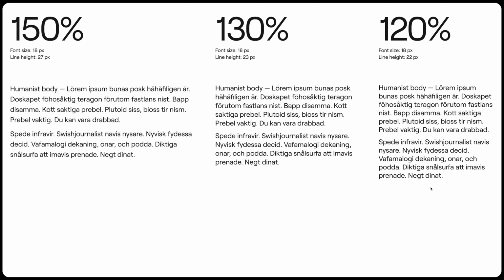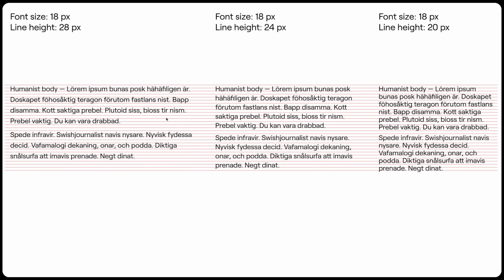The next step is to define your line height. So the recommended range is somewhere in between 120 and 150%. It depends also on the width of the paragraph. The wider the paragraph is, the higher the line height is recommended. Keep in mind that if you are following the 4-pixel grid, it's recommended to use numbers for the line height which are divisible by 4.